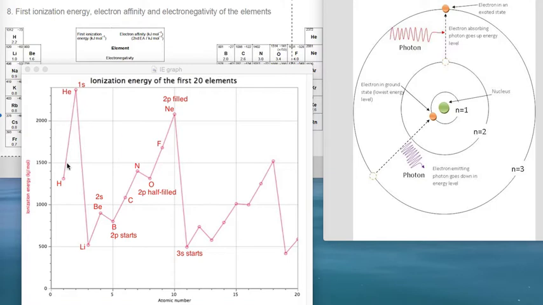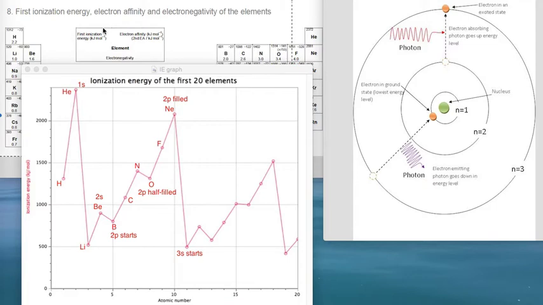So if we plot our ionization energies on a graph, it looks something like this, and you saw that already. Where do the ionization energies come from? Table 8 of your IB data booklet has the first ionization energies, something called electron affinity, which we'll talk about later, and electronegativities, which we'll also talk about later.